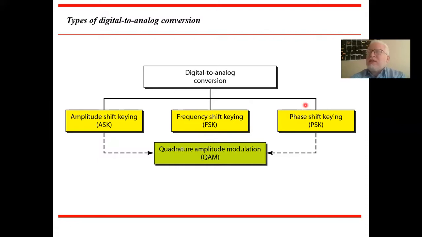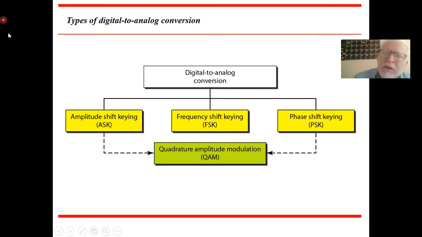According to this classification, we classified our analog modulation techniques, if you remember, 2 lectures ago, as amplitude modulation AM, frequency modulation FM, or phase modulation PM.